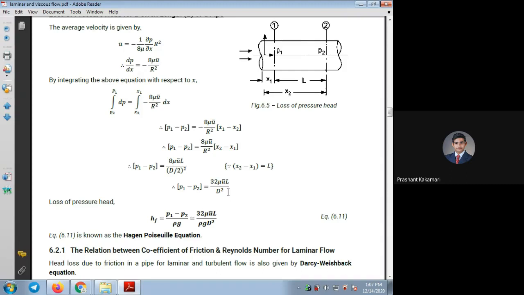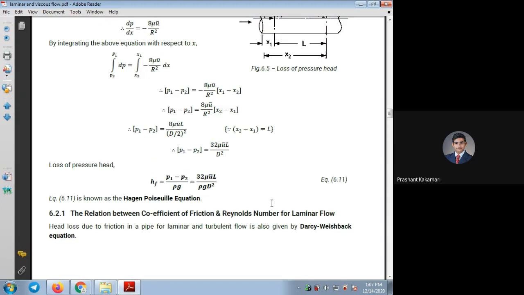So now finally I can tell the head loss. If you want the head loss due to friction, this is the head loss due to the pressure difference between points. That loss of pressure head I can call hf. Whenever I convert pressure into head, I have to again recall the hydrostatic law, that is P equal to rho g h.